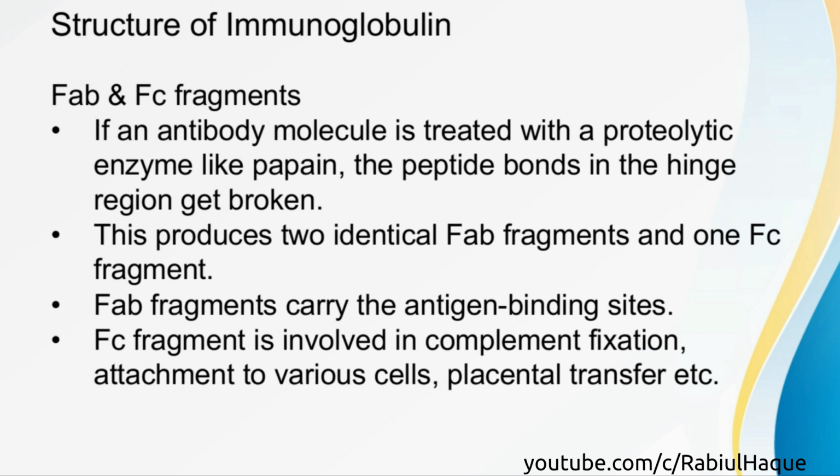This will produce 2 identical FAB fragments and 1 FC fragment. FAB fragments carry the antigen binding sites, FC fragment is involved in complement fixation, attachment to various cells, and placental transfer.